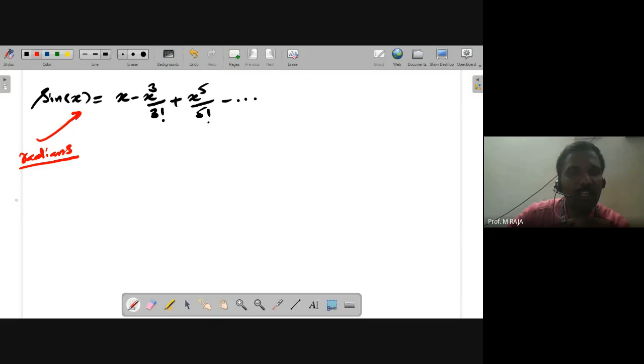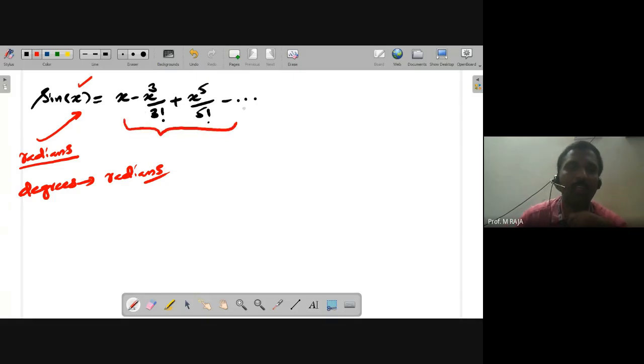If we are giving the input value in degrees, this should be converted into radians first, and then the updated x should be used in the right hand side of the sin x series equation.